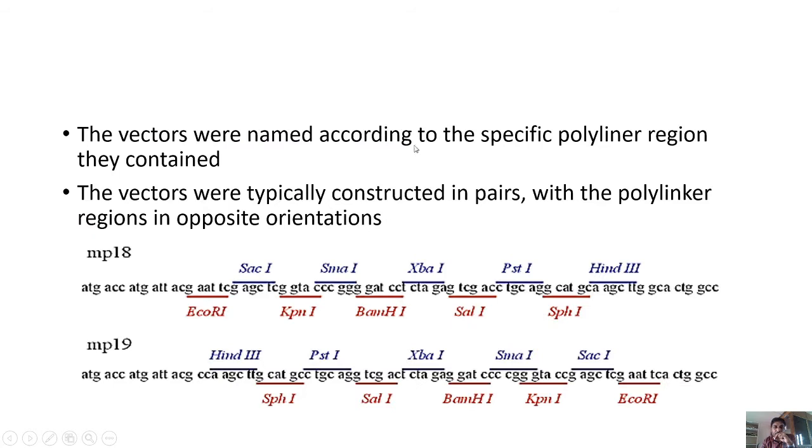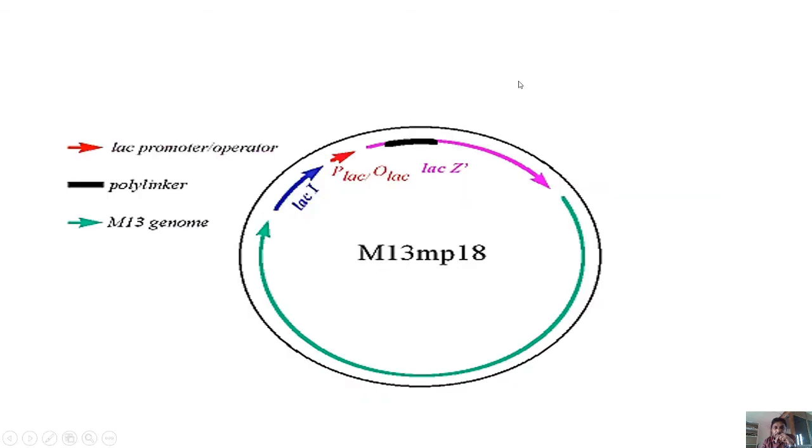For example, this is the polylinker that is present in the mp18 vector. That means in M13 mp18, it starts with EcoRI and ends with HindIII.